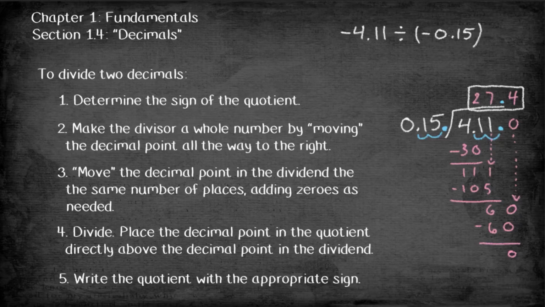Now, you might be wondering why this works, so here's something to keep in mind. When we're dividing, we're creating a fraction. And if we look at the denominator here, we have 0.15, which is 15 hundredths.